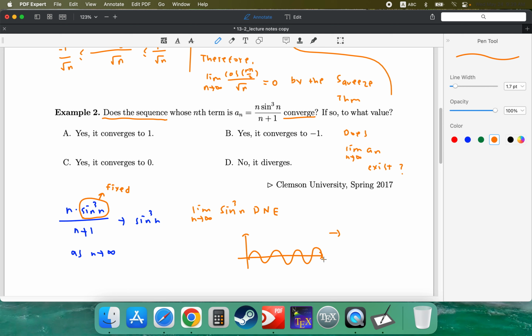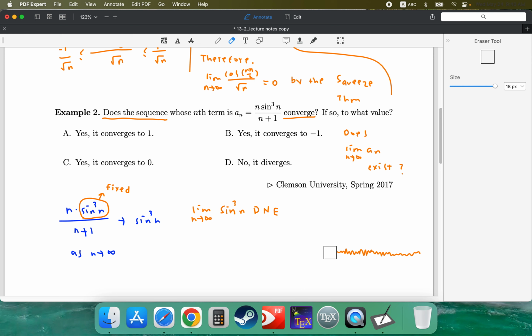So when n goes to infinity, it oscillates between 1 and negative 1. We don't have a specific value that this graph will tend to, right? So that means we don't have a horizontal tangent line right here. Okay, so that limit does not exist.